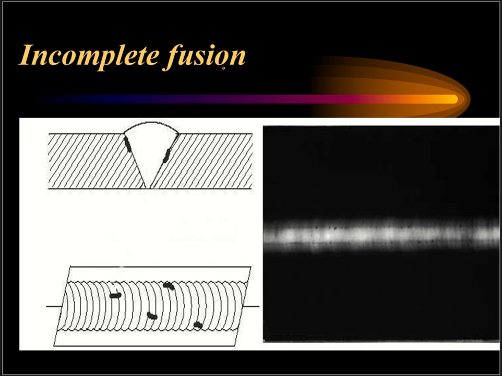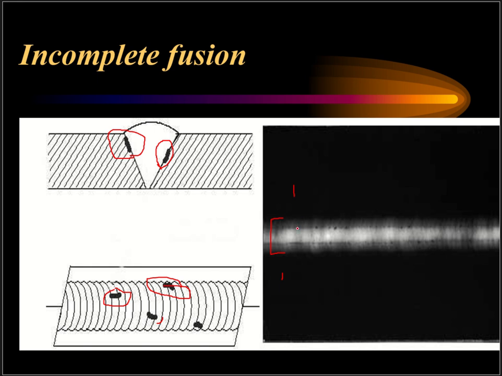And incomplete fusion means penetration is okay, but in this area the weld is unable to fuse. We may call it sidewall fusion also. You can see the top view in which incomplete fusion will be like this. In the radiography image, this is the parent material and this is the welding area, in which incomplete fusion will not be at the center.